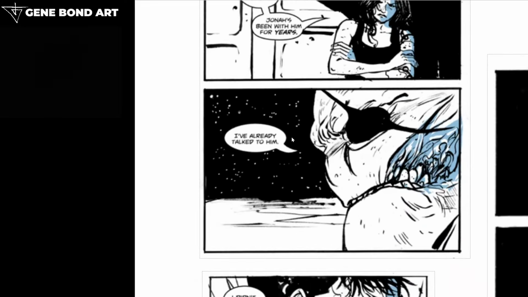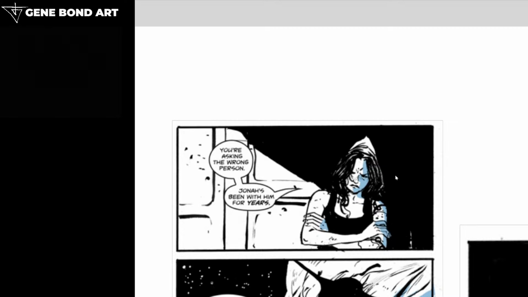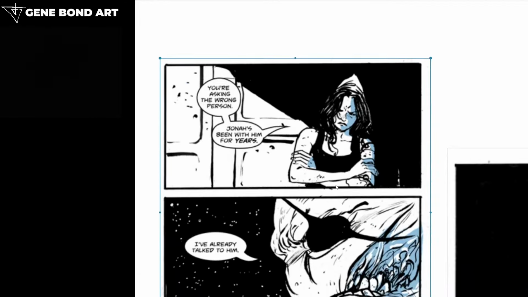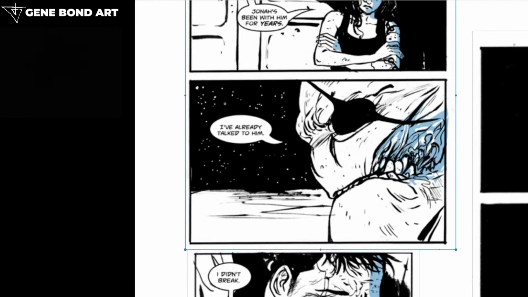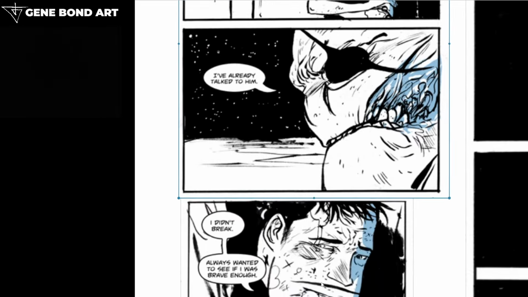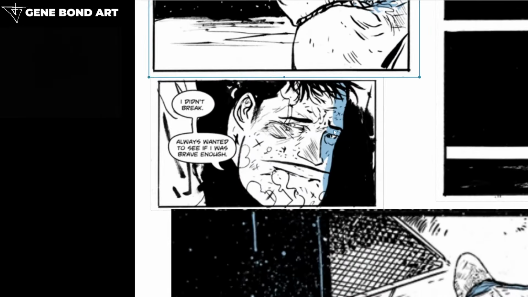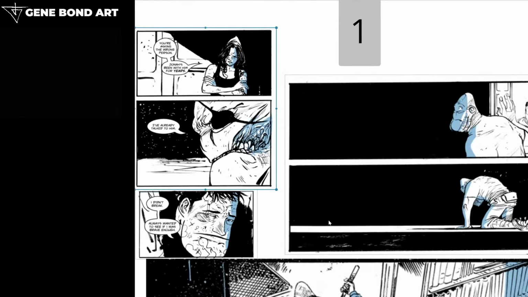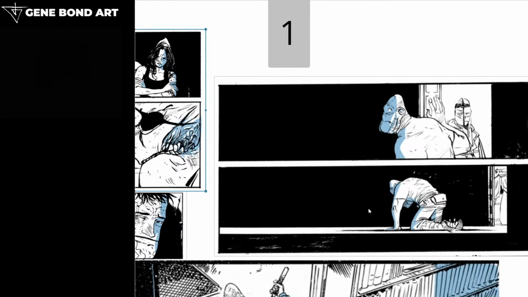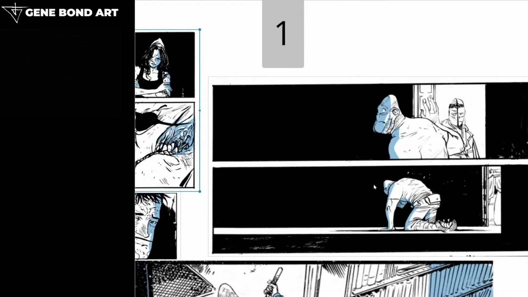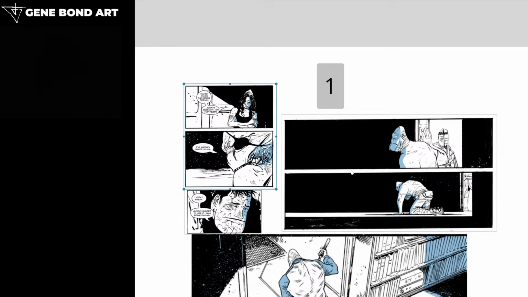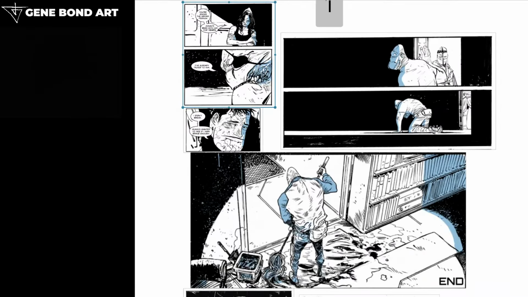Then a middle shot. Then a close-up of his head, cut at the forehead and chin. Then there's another close-up. So it's about what kind of composition you use to show one character, where the camera angle is and what the size of the frame is.